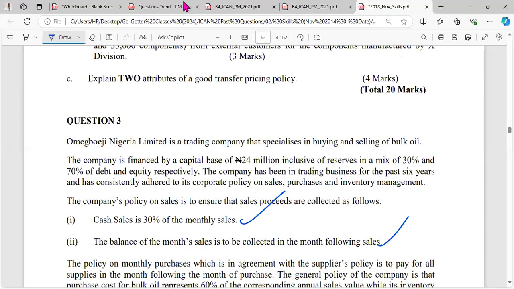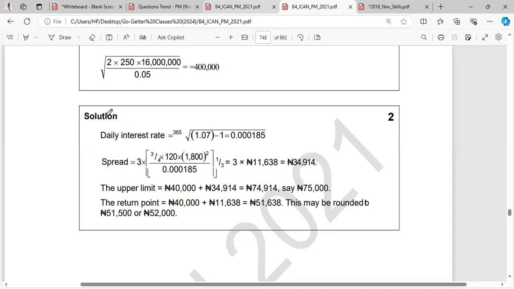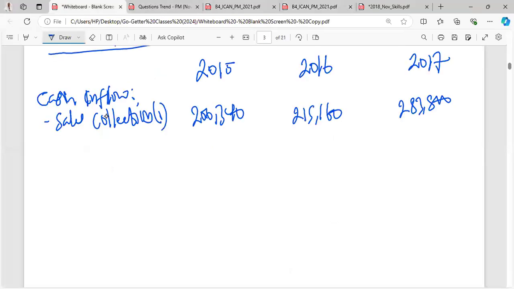So let's look at cash outflow. Let's say payments to suppliers. So that's workings number two.